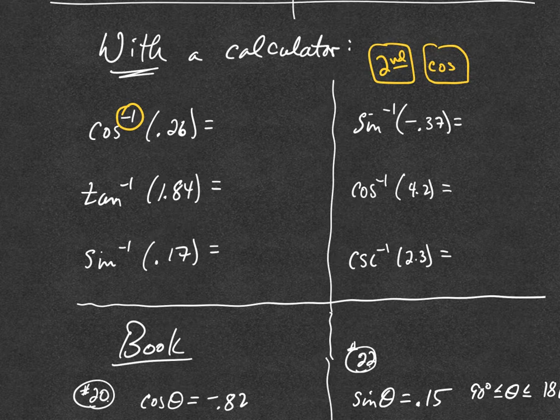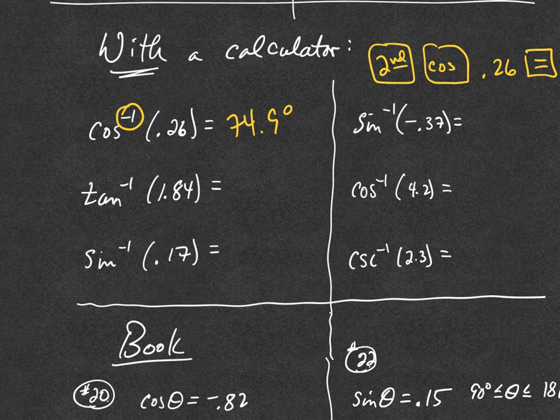Then we'll input 0.26 and hit the equal sign or enter. What we should all get, the inverse cosine of 0.26, is only going to give us one of the answers, and I'm going to round everything to the nearest tenth. It's going to give us an angle of 74.9 degrees. If you got something else, double check to make sure you're measuring in degrees.